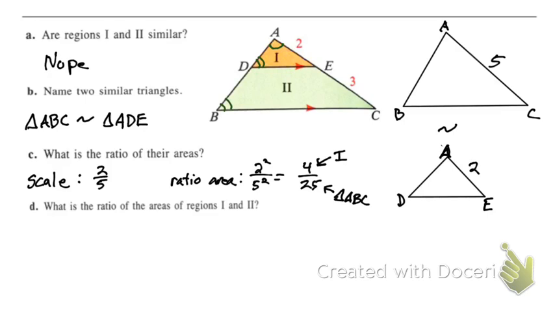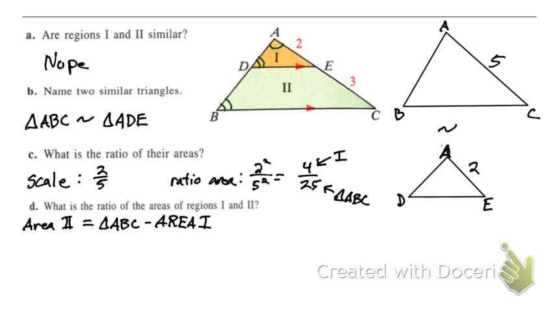But area 2 is equal to triangle ABC minus area 1. Let's make that a little more prominent. Do you all agree with that statement?